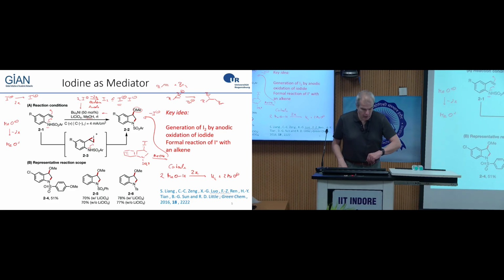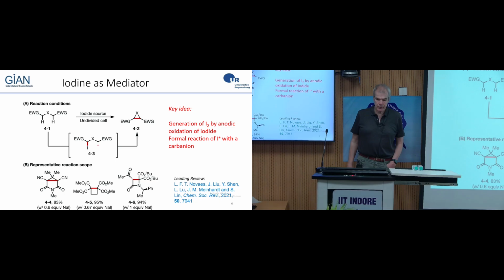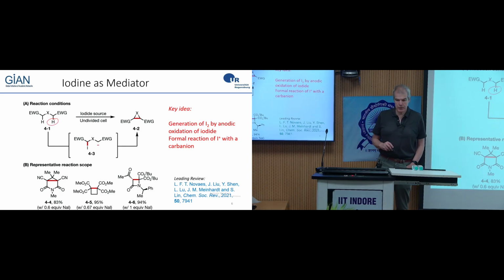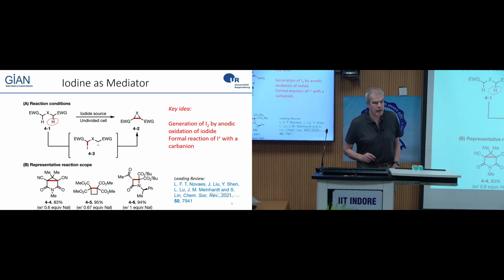And there are a number of more examples of what you can do. You see here it's the same idea in this type of substrate. What they do is, in this case, you oxidize a carbanion, because you see that hydrogen is next to an electron withdrawing group, and so you can very easily take this away, so you make the anion.